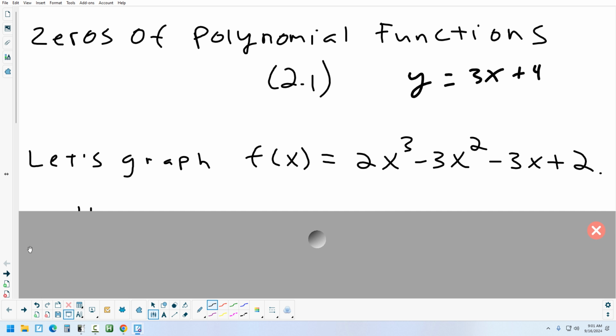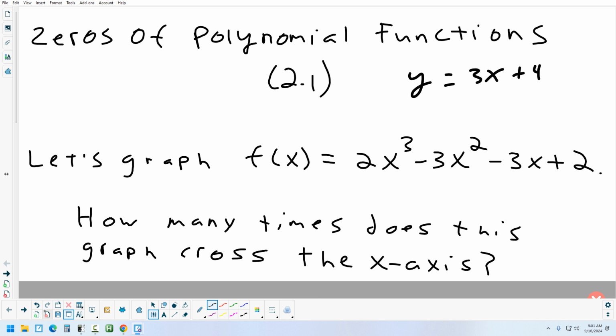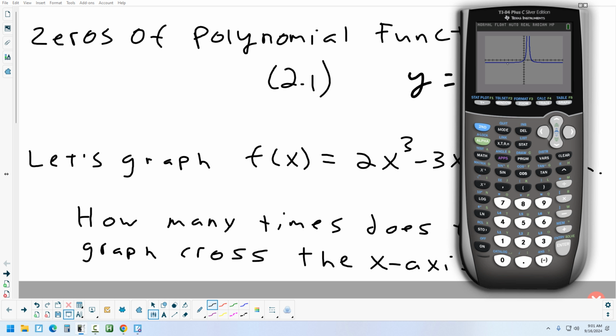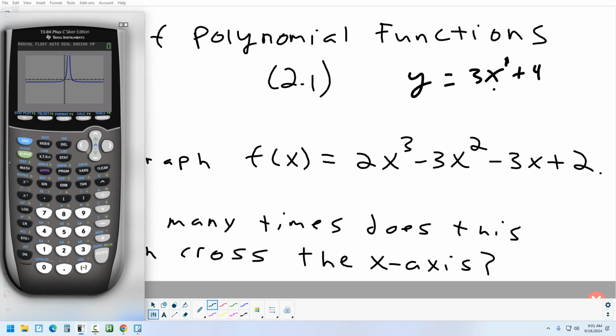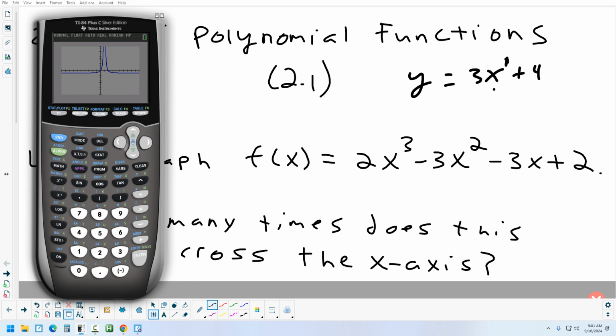So let's graph this one. This one's a little more complicated than the one I wrote down. The degree of the one I wrote down is a 1. That's the highest exponent. The degree of this one is a 3, so that's a cubic polynomial. And what we want to see is, does that exponent tell us something about how many times the graph crosses the x-axis?